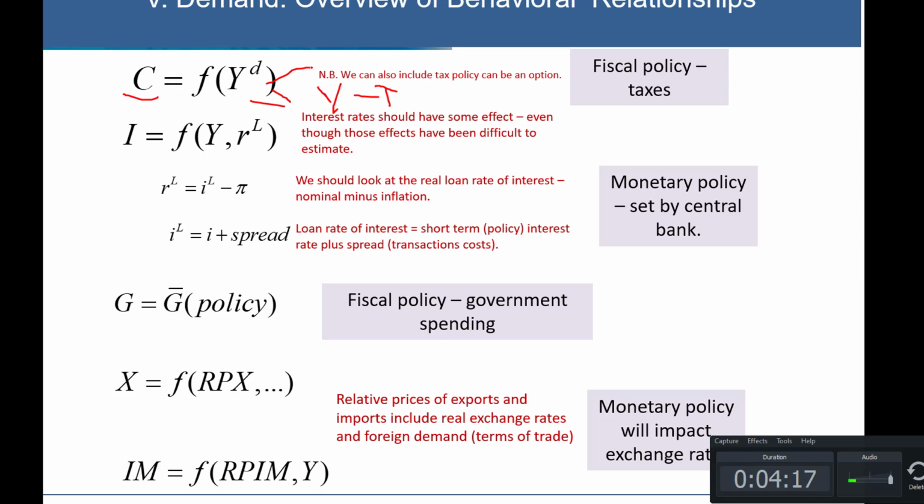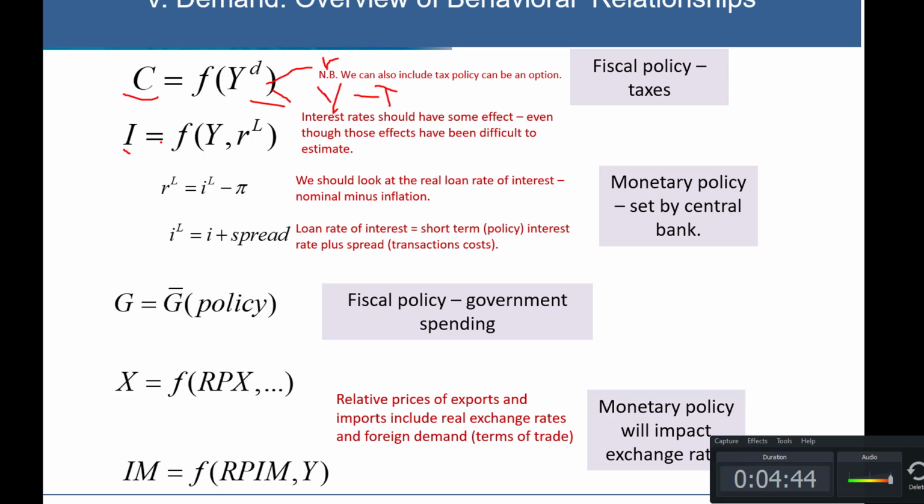Now you'll notice here that we do not have an interest rate in here, but we could also put in an interest rate, and many people do. So the idea is when the interest rate rises, it's more costly to consume. That's what we call a substitution effect, that households will economize on current consumption and enjoy the benefits of interest rates.